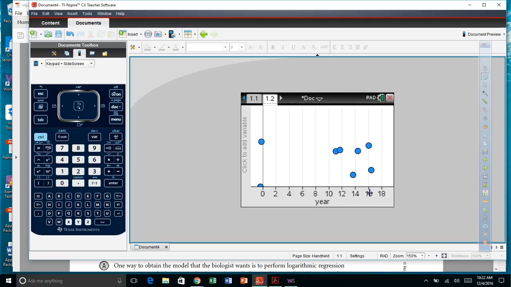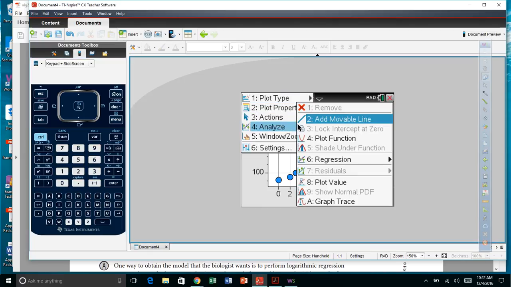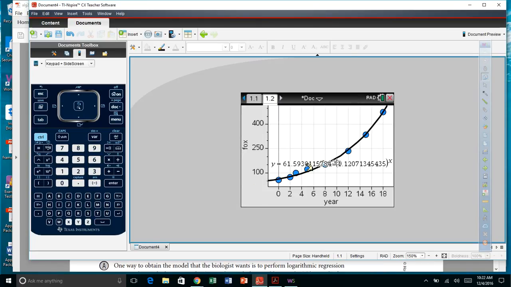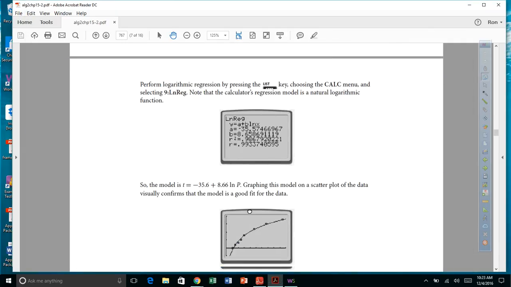We'll put year down here, and we'll put Fox up here. What does that look like? That looks like it's exponential, right? So let's see. Menu, 4, 6, and the exponential is 8. And there it is. So now you see where the book gets those 62 and whatnot. All right. So go ahead and read through A, and we'll meet back on B, and we'll do B together.